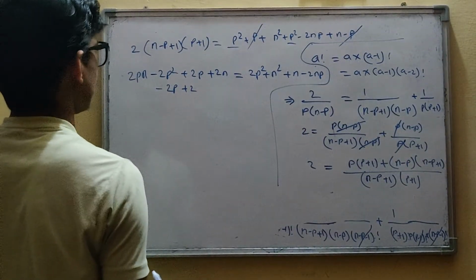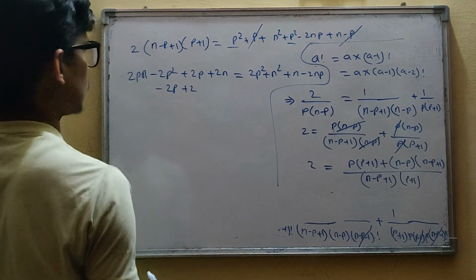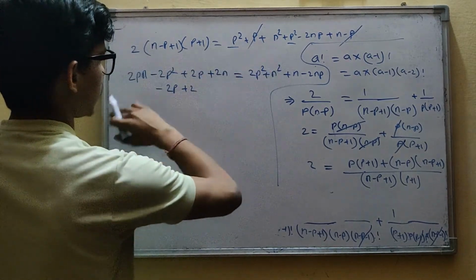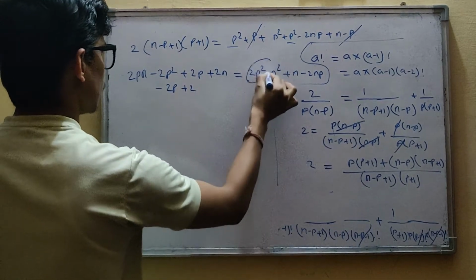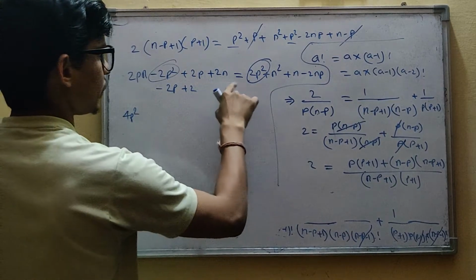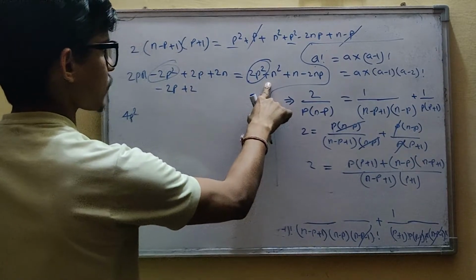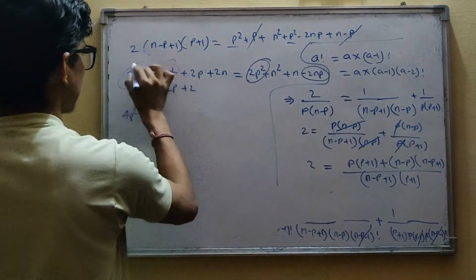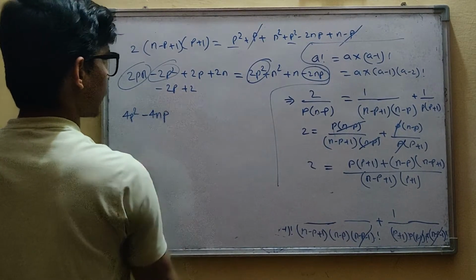Okay, now 2p square and 2p square, so what you can do, anything cancel, 2np, 2np there. Okay, just take all these things over here to there. Now 2p square and 2p square, 4p square. And 2np and 2np, it will go there and it will become 4np, so minus 4np.